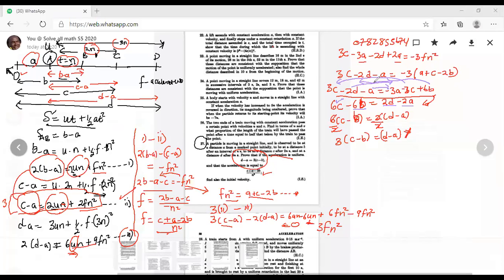Which one? Yeah, where we have 3 into equation 2 minus equation 3. Here. Yes, what was my intention here? I wanted to eliminate Un, and that's what I did here.